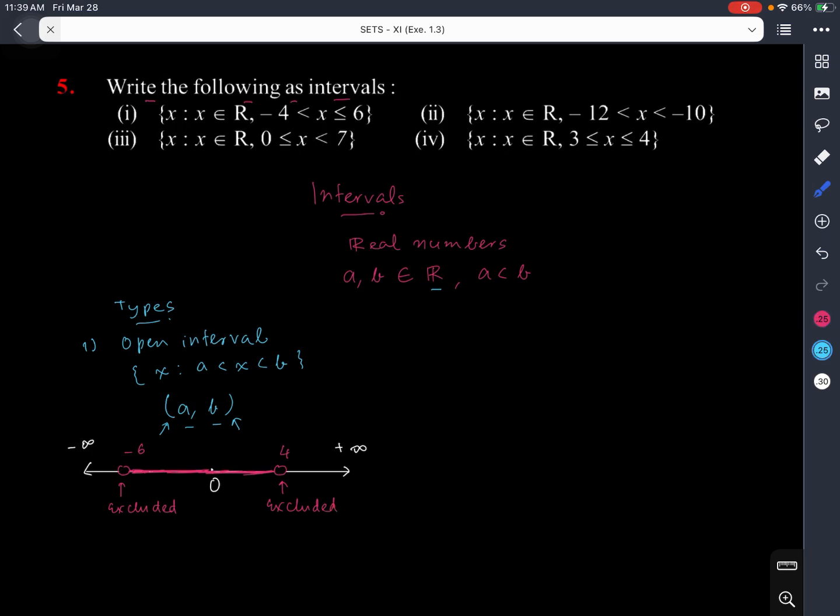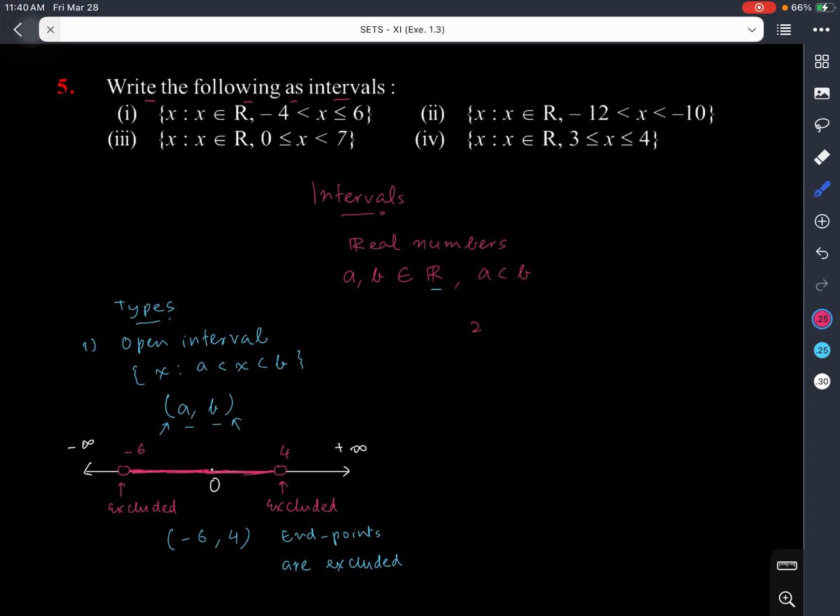So here we'll be having interval of form (-6, 4) enclosed in parentheses. So here the point to be remembered is that the endpoints are excluded.